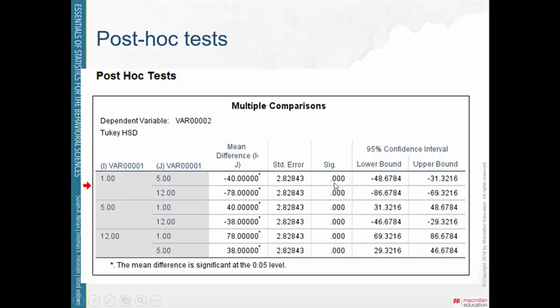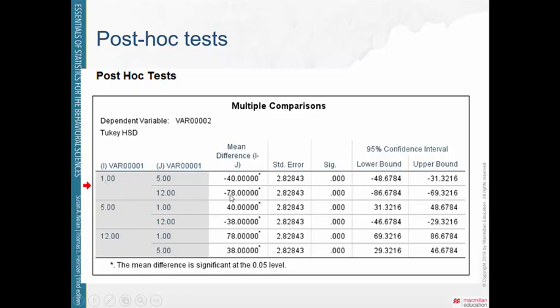So, is 0.000 less than 0.05? Yes, it is. And so we're saying, hey, this is a statistically significant difference. 1st graders scored significantly lower than 5th graders on this test because this column of 0.000 is less than 0.05. Now we can do this comparison. 1st graders compared to 12th graders.